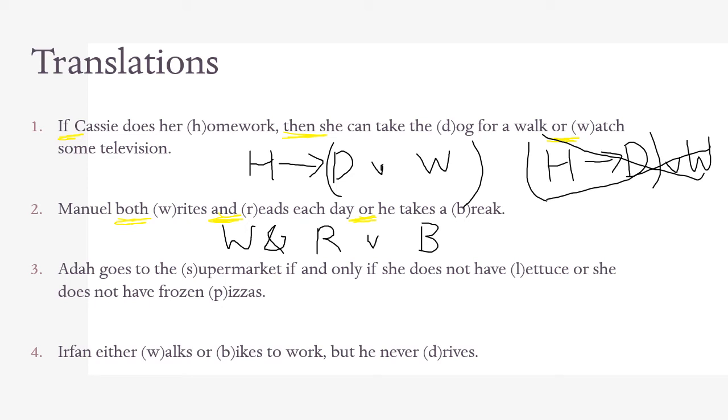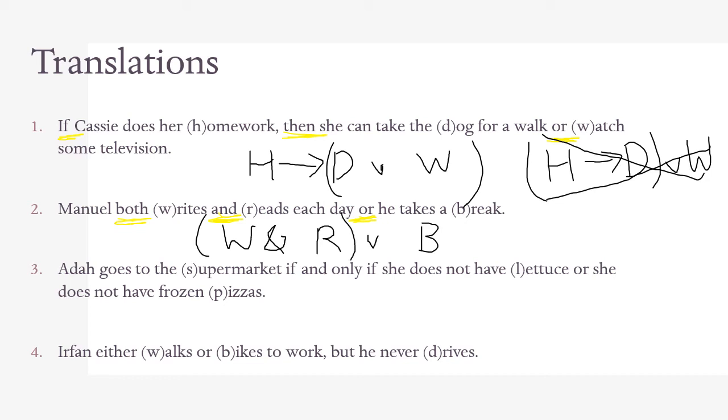And now we have the question again as to where our parentheses go. So Manuel both writes and reads each day, or he takes a break. To me, it sounds like the options are either he does both reading and writing, or he takes a break, which we would symbolize like this.